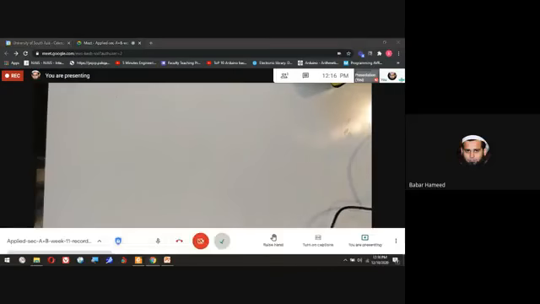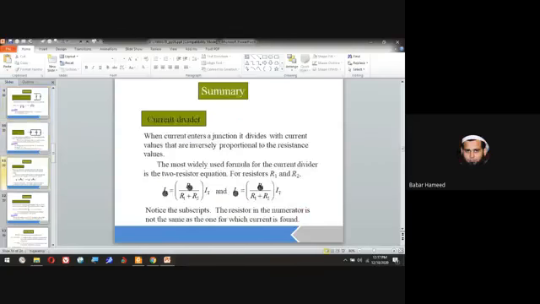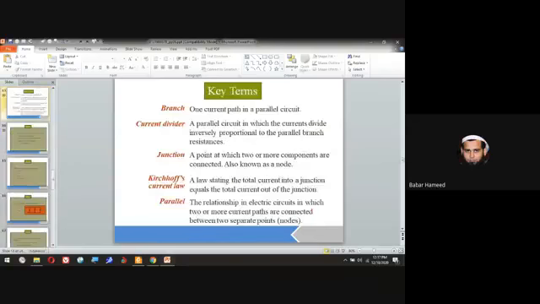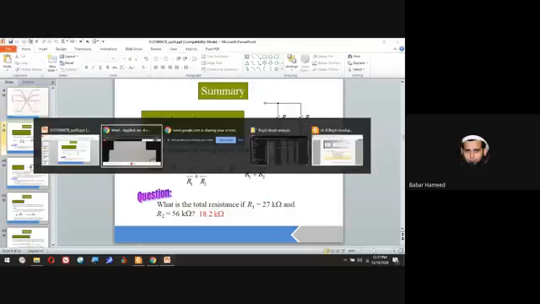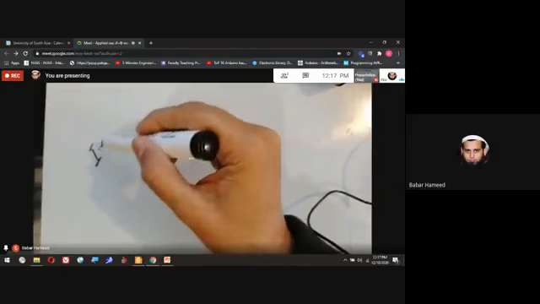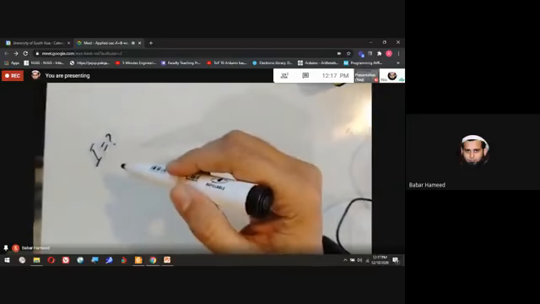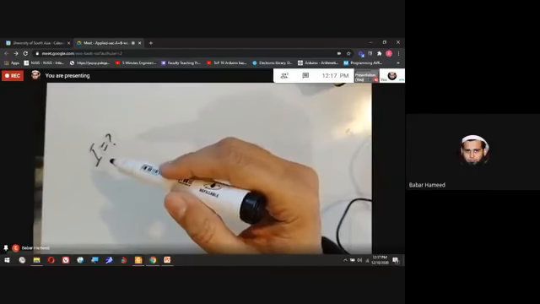Here you can see on the slide as well. We will apply Ohm's law to find the total current in a parallel circuit. Things are somewhat repetitive in nature, but they are slightly different, so we have to cover each topic.